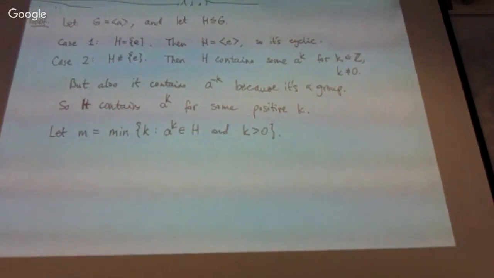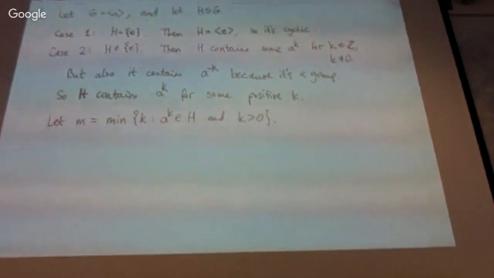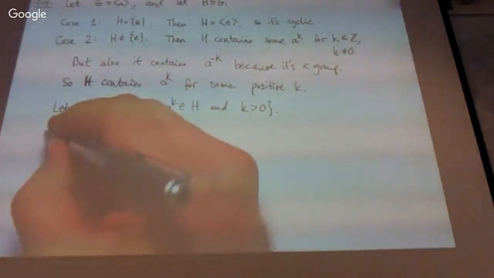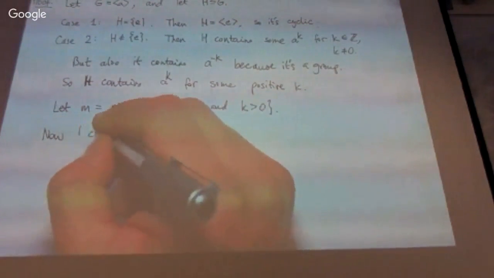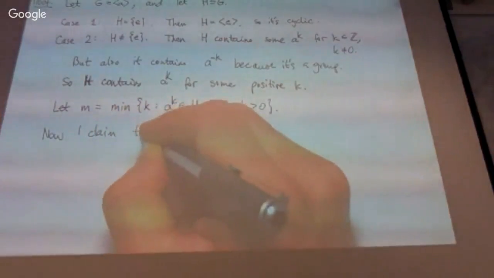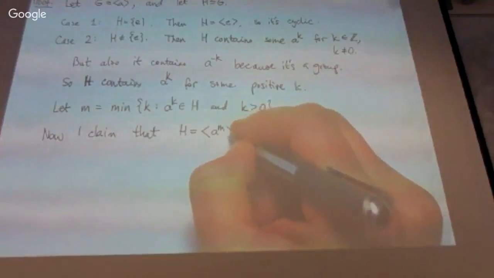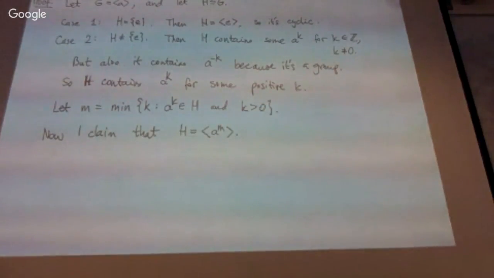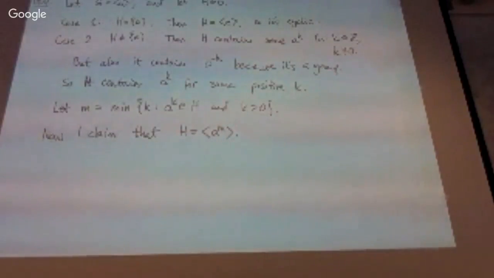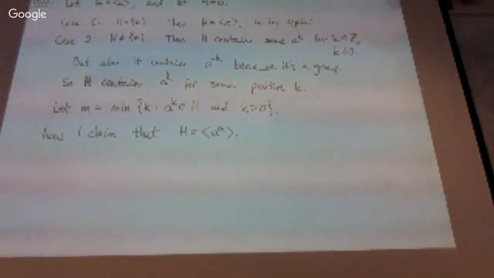Now I claim that the subgroup is actually generated by this least positive power a to the m. Now, how do I prove this?